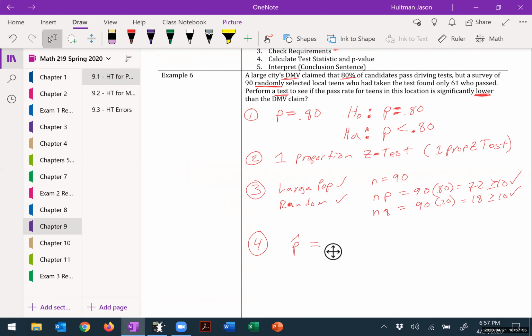How many students passed? Well, 61, out of how many total students? 90. So that's our p hat. 61 out of 90 is our p hat. That's our sample proportion.